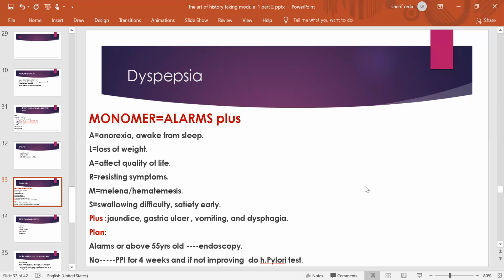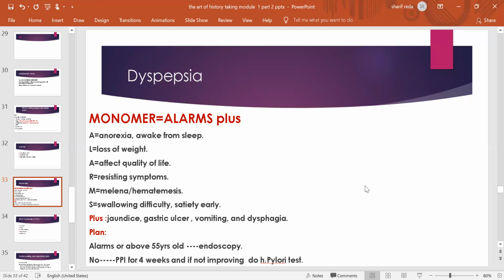if you have any one of those symptoms, you have to raise the alert, raise the red flag, and immediately intervene with the patient and refer him, do endoscopy, do an invasive procedure, and so on.